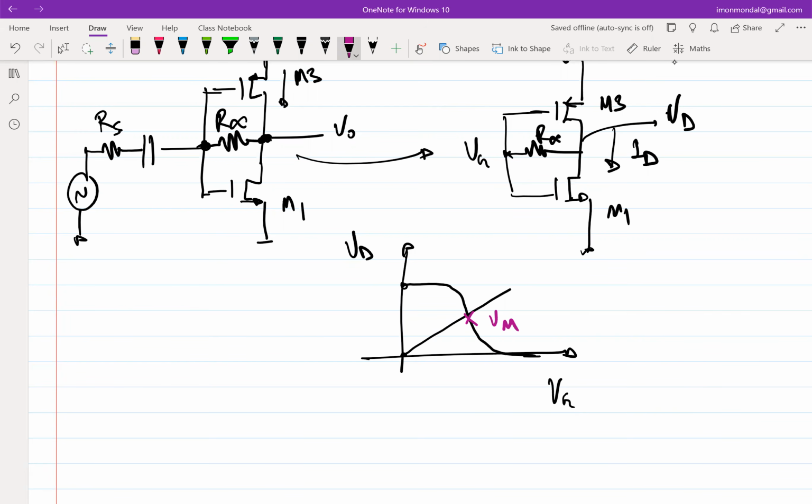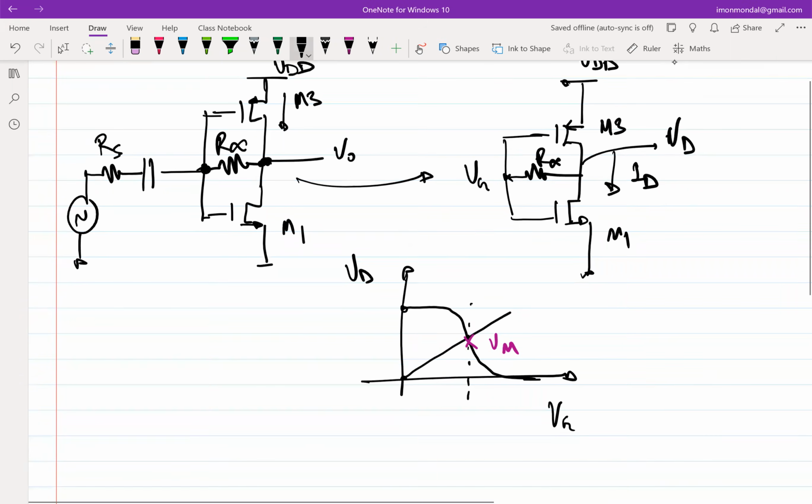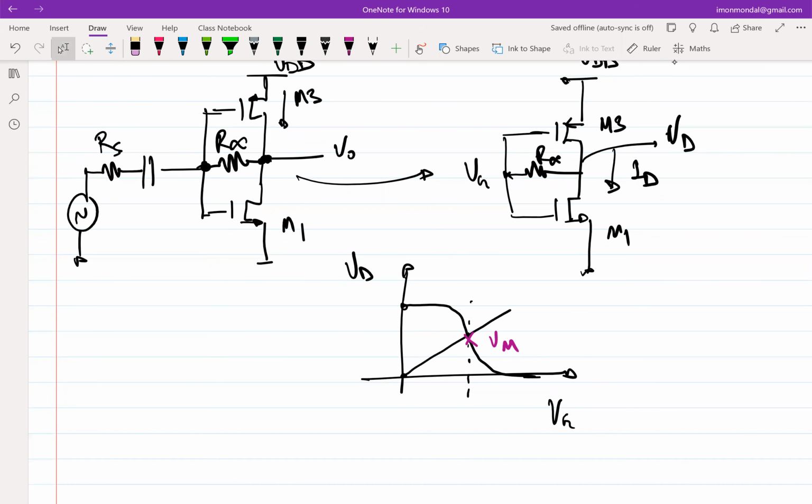Obviously this place is somewhere both transistors are in saturation. And since both transistors are in saturation, you can apply the saturation drain current equation and figure out the output VD, and you can neglect channel length modulation, because VD and VG are identical.